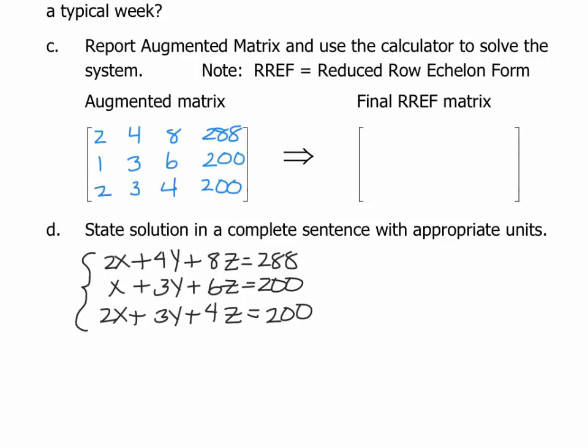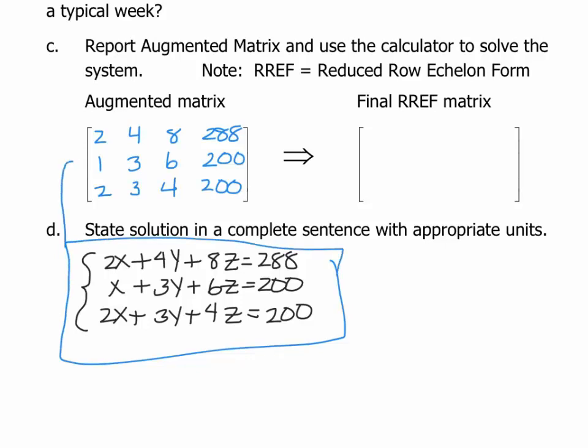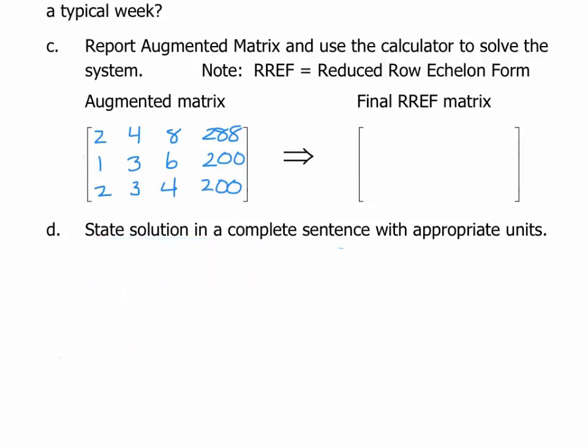Those 3 rows in our table of information give us these equations, and we can take these equations and make the corresponding augmented matrix. Then we're going to use technology to get the final reduced row echelon form matrix.